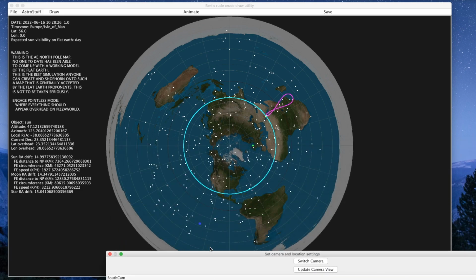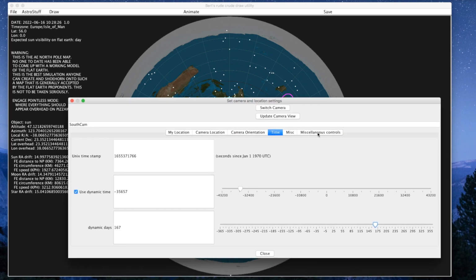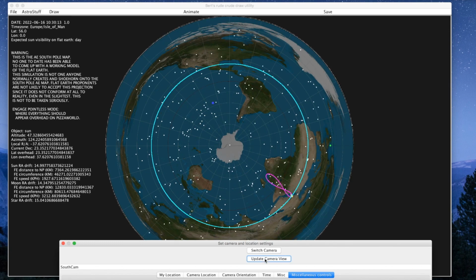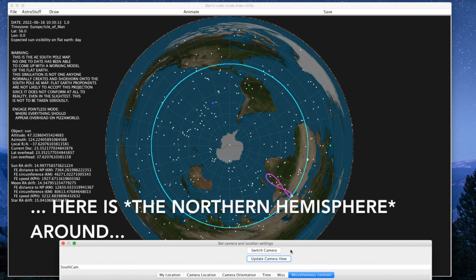And so here's another thing to consider. Let's say this model isn't quite right. What if this AE map projection isn't the right one? Maybe we should try a different projection. How about we try the South Pole AE map projection? So here's Antarctica and here is North America around the outside.